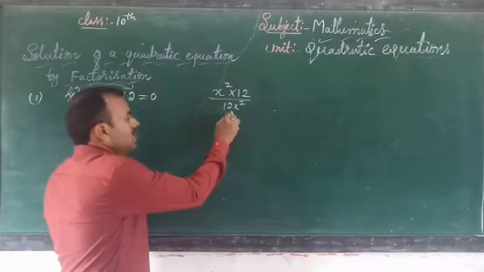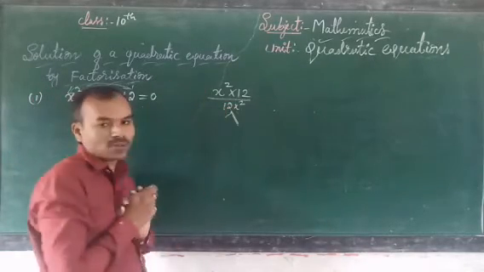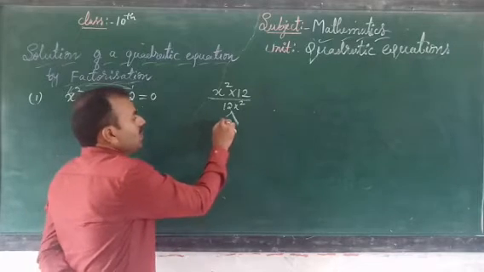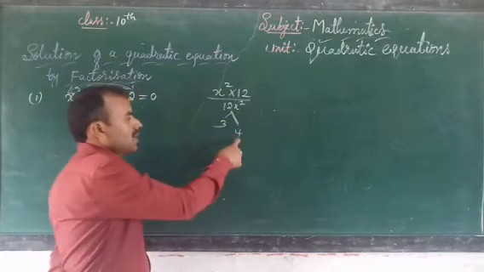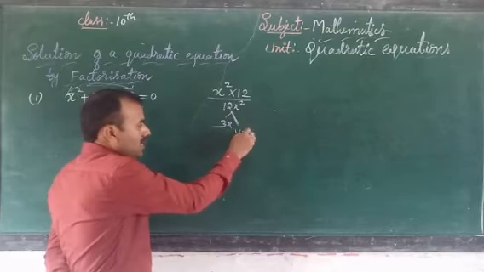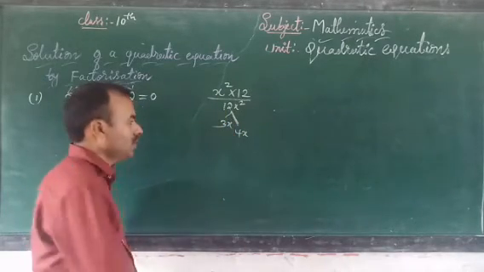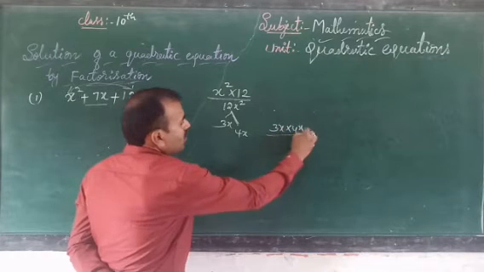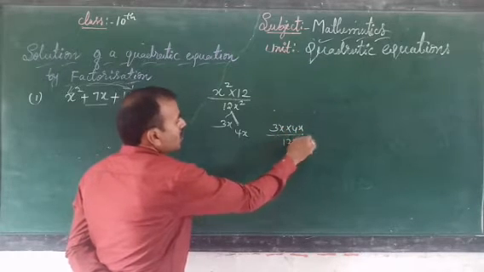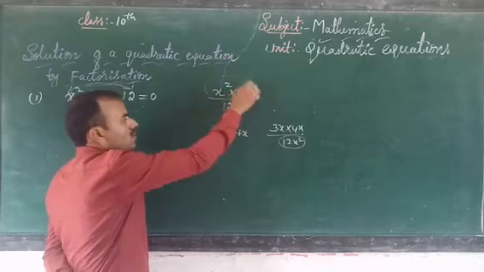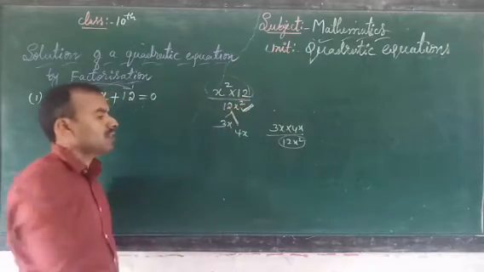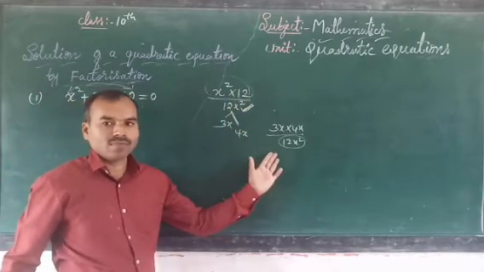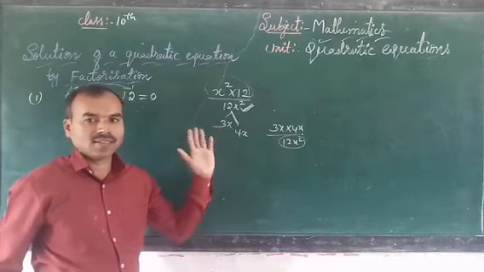Okay, just we split 12x square, 3 4s are 4 3s are 12x into x square. Just if you multiply 3x and 4x, we get 12x square. The product of first term and last term, 12x square, isn't it?